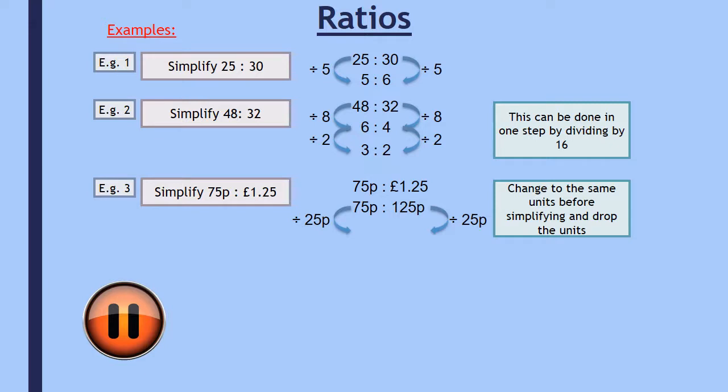Both of those numbers can be divided by 25. There are 3 25s in 75 and there are 5 25s in 125. The more familiar you get with counting in 25 will help you because it will help you to identify when a number is a multiple of 25. It's quite simple. Numbers that are multiples of 25 end in 25, 50, 75, or 100.